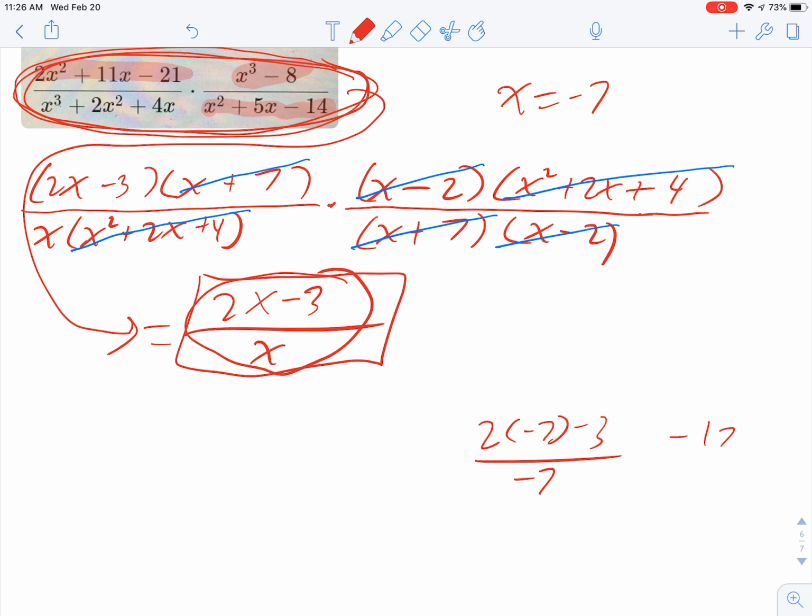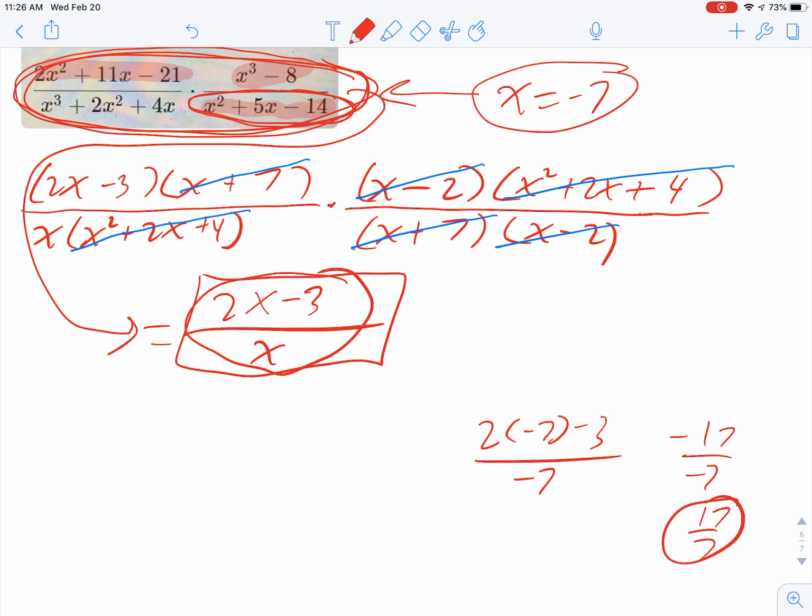So I'd get negative 17 over negative 7, which is 17 over 7. However, if I plug that negative 7 into the original problem, I'm going to get an undefined answer. If I plug that negative 7 into this expression, it's going to give me 0. And so I'm going to have something divided by 0, which blows up and certainly doesn't equal 17 over 7.